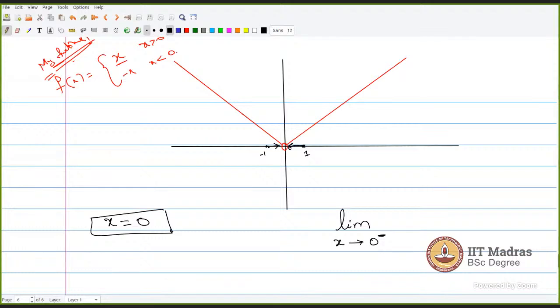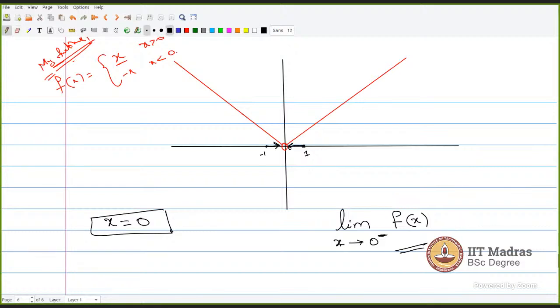I will check where f of x is going. My first question is whether this limit exists or not, and my next question is, if it exists, what is the value of that limit.